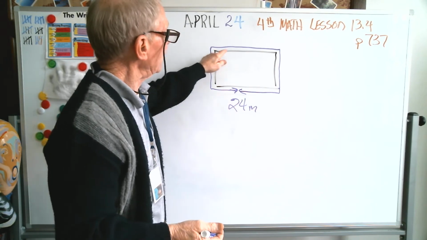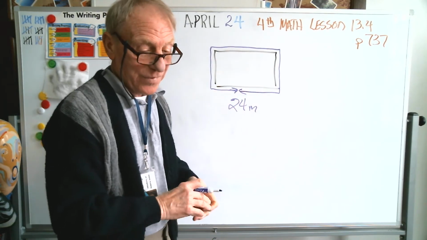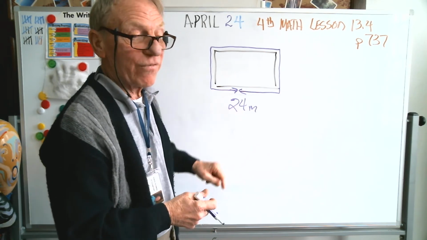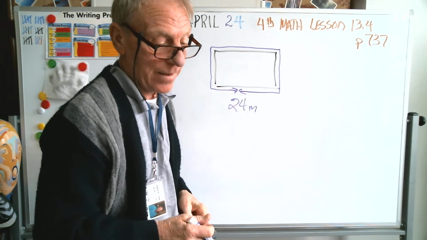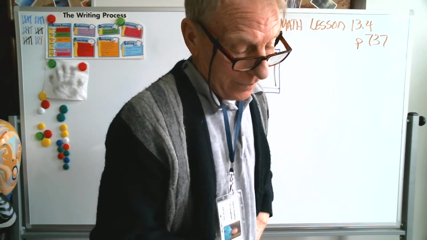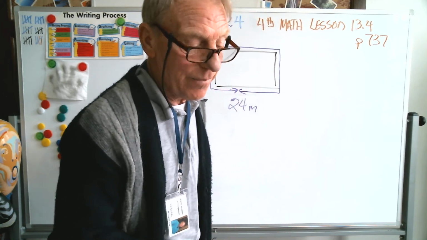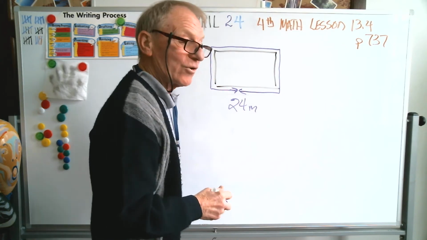So we know that when you add all 4 sides of Gary's pen together here, it's got to equal 24 meters. It also tells you that the pen will be 3 meters wide.